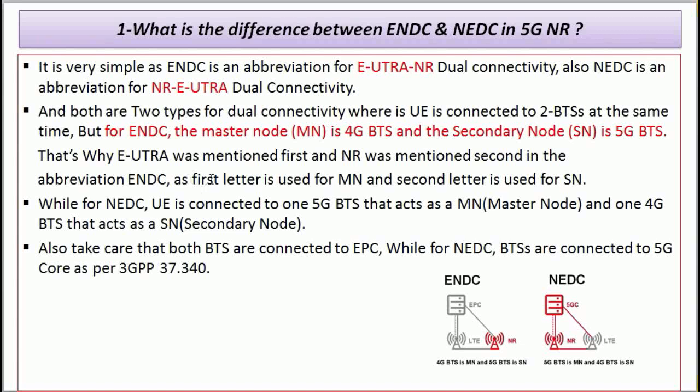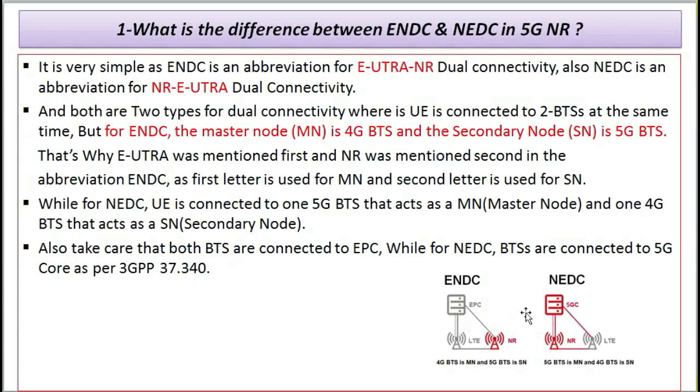That's why EUTRA was mentioned first and NR was mentioned second in the abbreviation ENDC, and the first letter is used for MN and the second letter is used for SN.